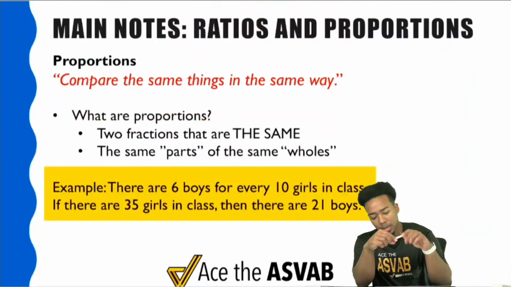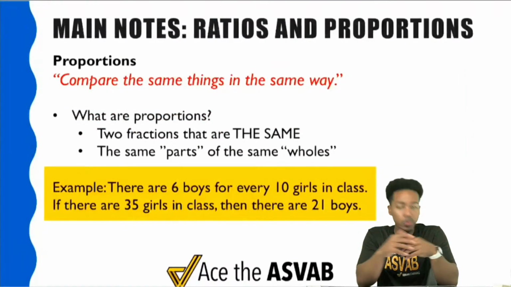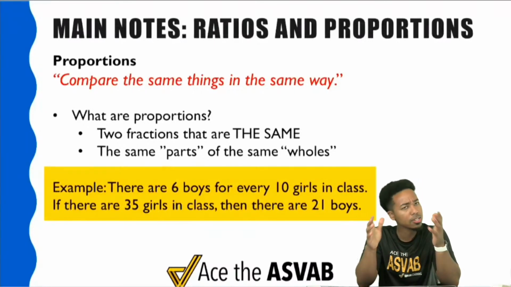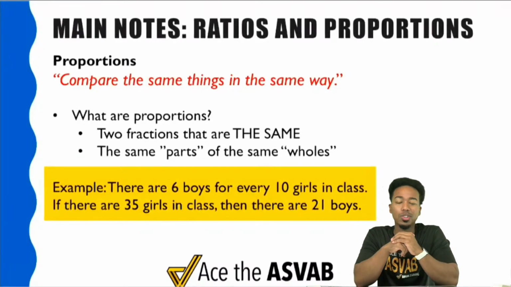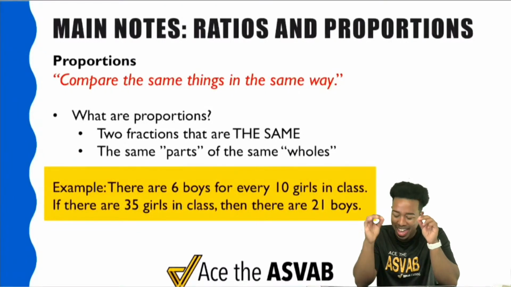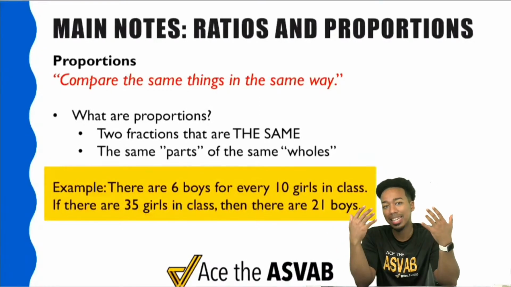So for those of you that have been used to me going through the arithmetic reasoning and the math knowledge complete review classes, this is going to be a little different, especially if you just joined recently. But when it comes to arithmetic reasoning, every single topic that you come across is going to have a main idea.